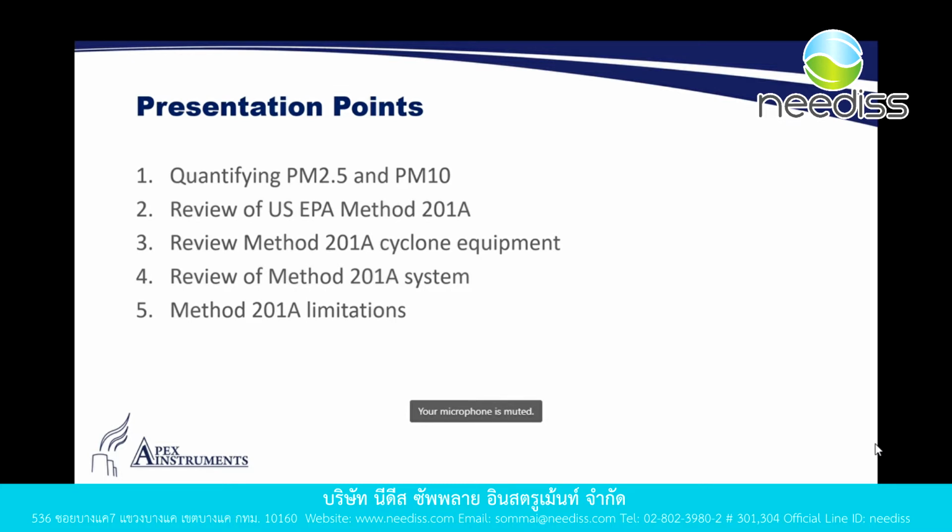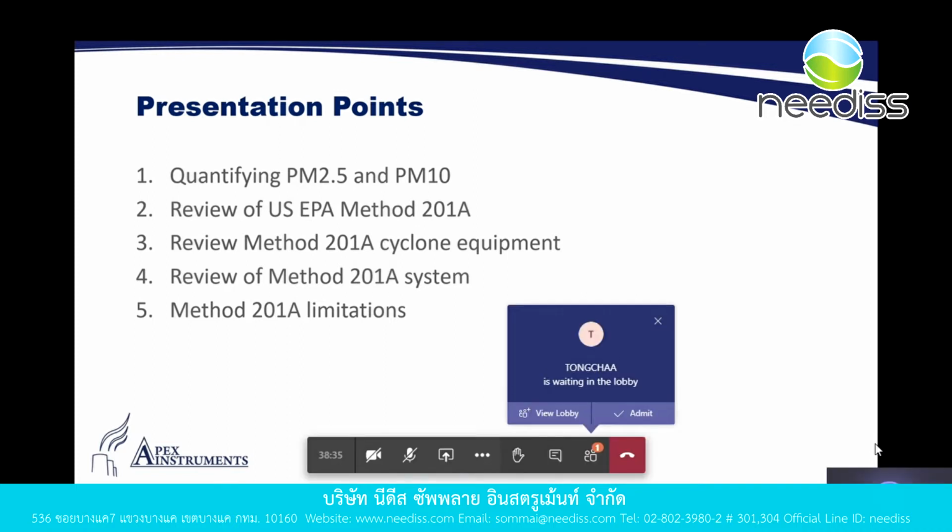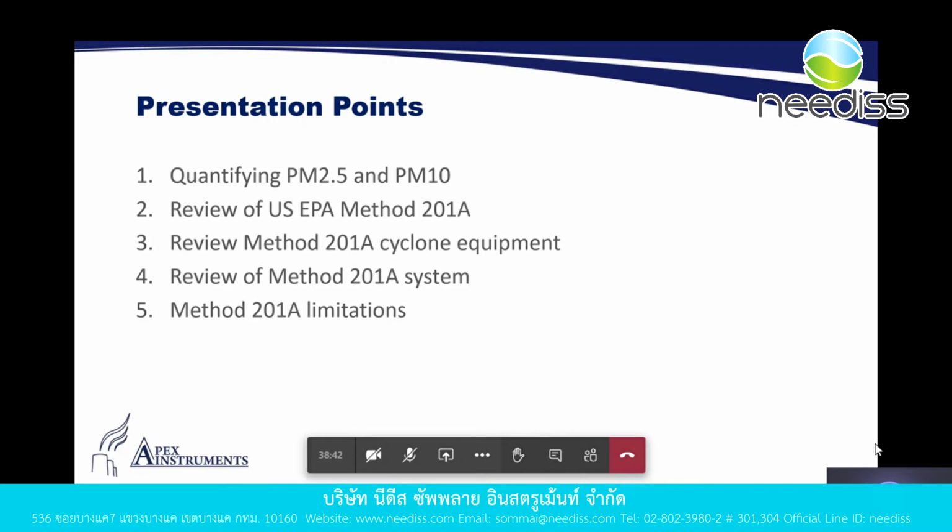We'll talk about the 201A method as a complete system, and then we'll briefly discuss the limitations of Method 201A. I think it's important to understand that there are some challenging stack or chimney conditions that would not be conducive to performing this method, and other considerations may need to be taken into account.